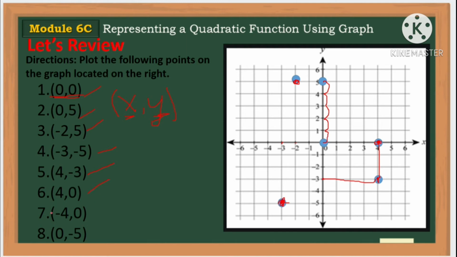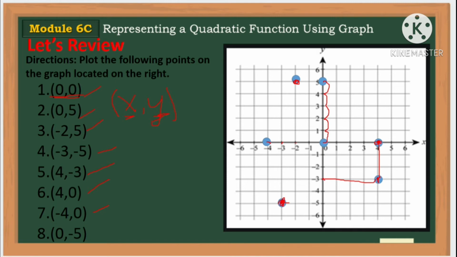Next, x is negative 4, y is 0. On the x-axis, so locate natin. So, nandito yung negative 4 na x. So, 0 yung y. So, meaning, andito yung point. Okay? Last, number 8. Ang x ay 0, ang y ay negative 5. So, kung ito ay positive na y-axis, ito yung negative.